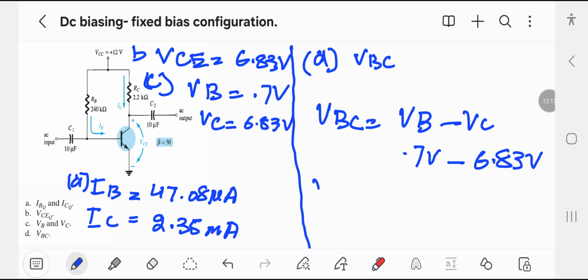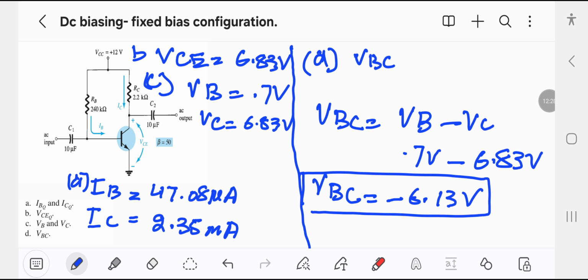So we got VBC is actually equal to minus 6.13 volt. So this is actually a fixed biasing configuration. So our final value VBC, we have found that value.